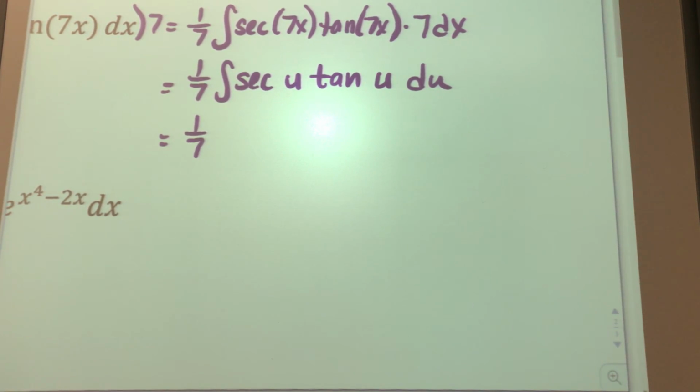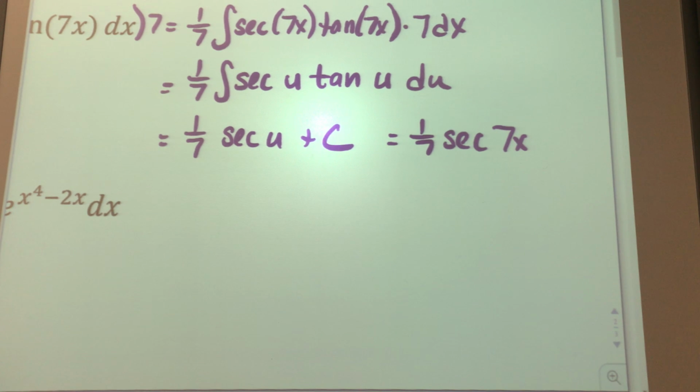So the antiderivative of secant of u tangent of u du is going to be secant of u plus c. And then on this one, my last step is just to take u and replace it with what it equals. And in this case, that's 7x.